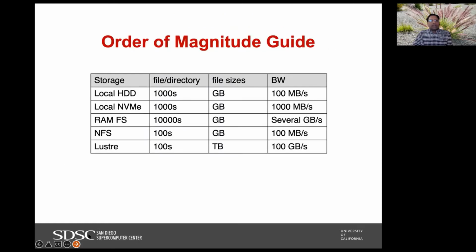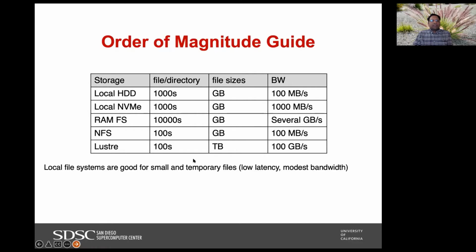In terms of the order of magnitude of the files, think of the local hard drives and local NVMe as being in the thousands of files range. For RAMFS, which is basically memory, you can use tens of thousands. On NFS, hundreds of files in a directory will be okay.